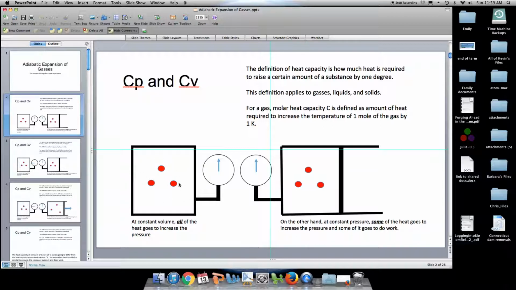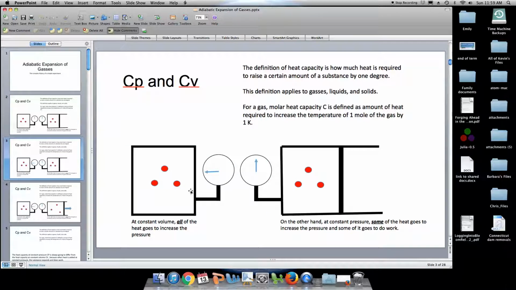Now, what happens if we put some energy into this container, or if we try heating it up? Well, as we heat up this container at a constant volume, the pressure is going to go up, but all of the heat that we put into this, or all of the energy that we put into this container, is going to increase the pressure.